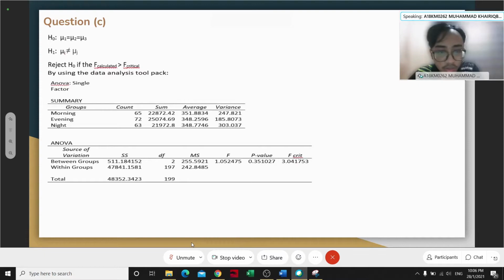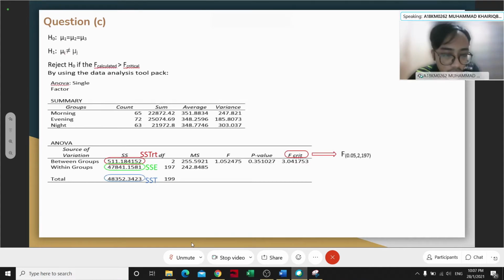The ANOVA table is similar to the manual ANOVA table we did, but for the F critical, instead of using the statistical table, the value is also generated by Excel, which is equal to 3.041753. From the ANOVA table, the SSTRT, the SSE, and also the SST values are also calculated.